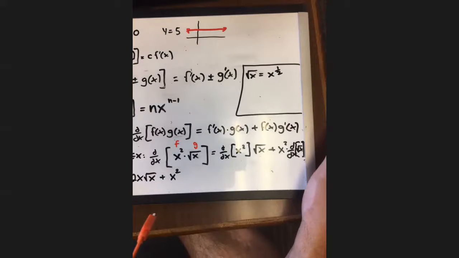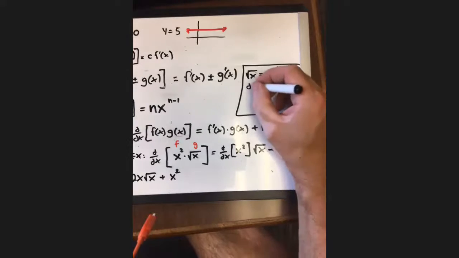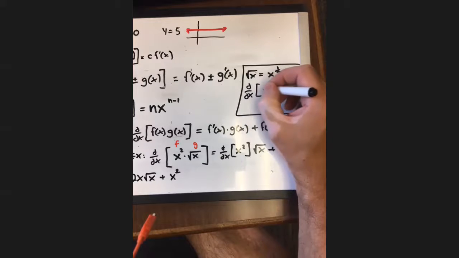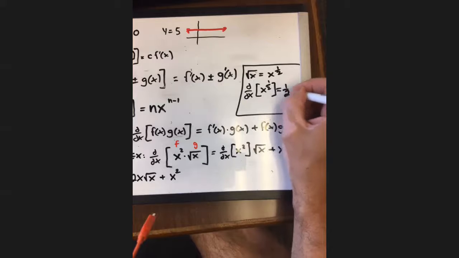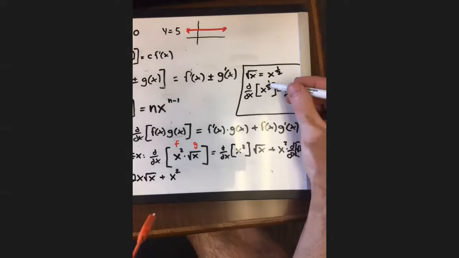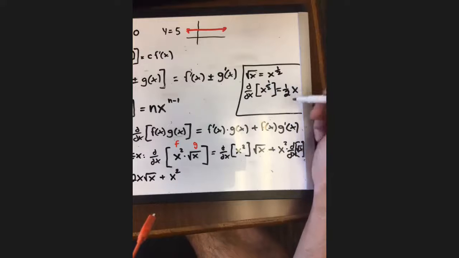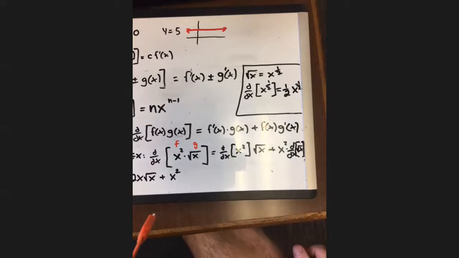We can use the same rule that we used for x squared and x cubed and any other power of x. So d dx of x to the 1/2. Same idea, we're going to take that 1/2 out in front, and then we're going to decrease the power of x by 1. So if the original power was 1/2, and then we subtract 1, we'll have x to the negative 1/2 as our derivative there.